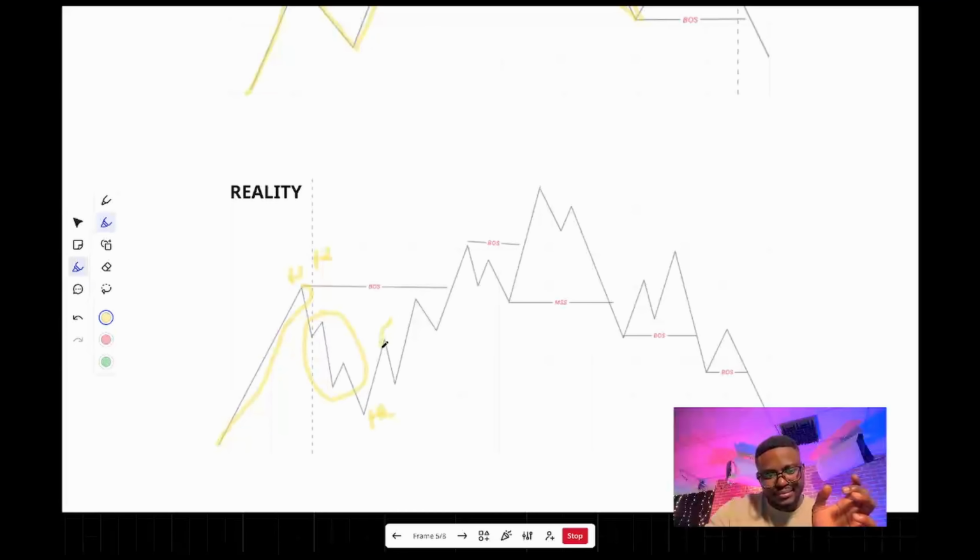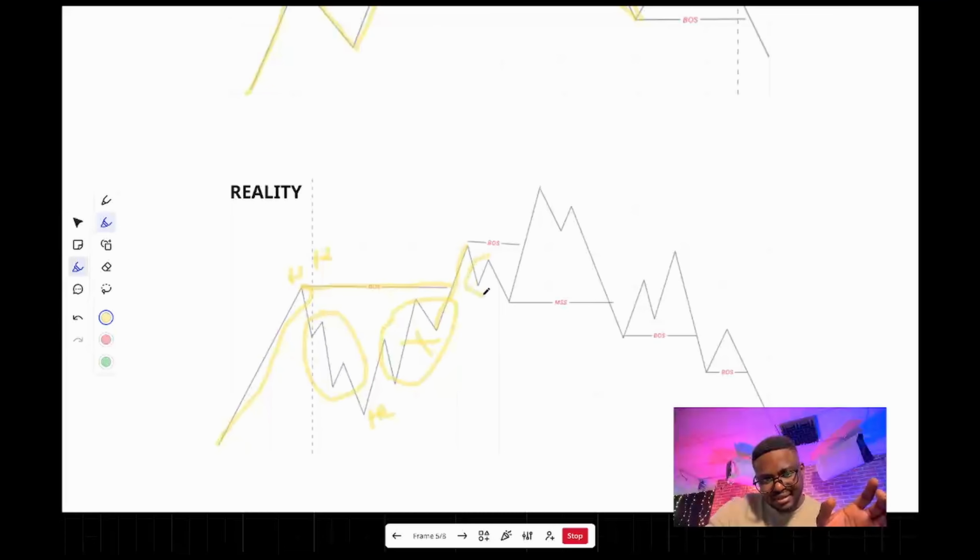All of this is internal structure. Ignore. All you're focused on is this higher high and this higher low. Then if this is a break of structure, the candle needs to close above the last higher high.